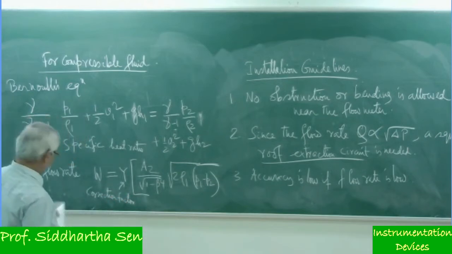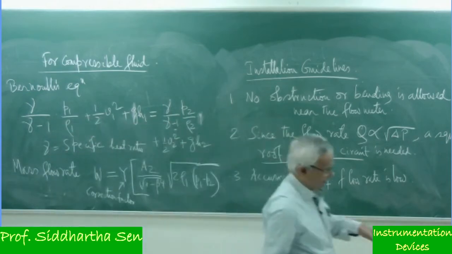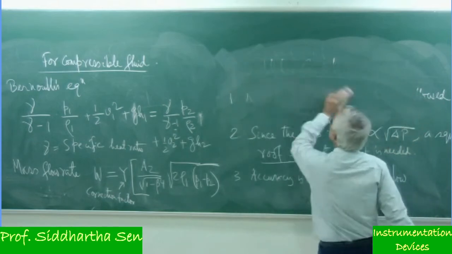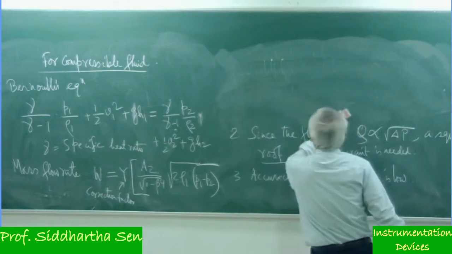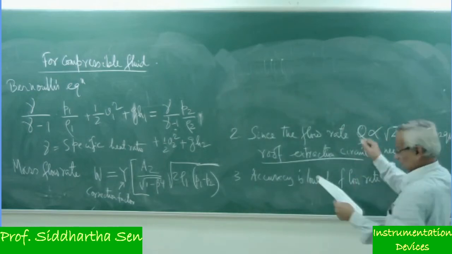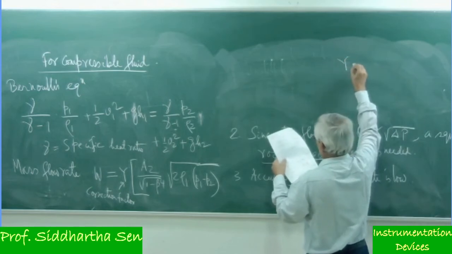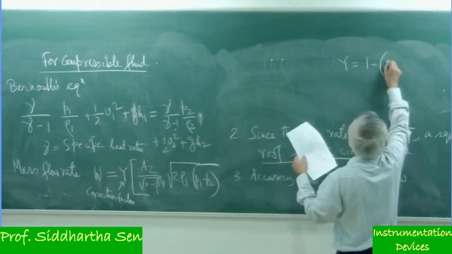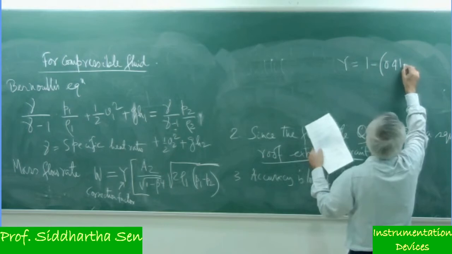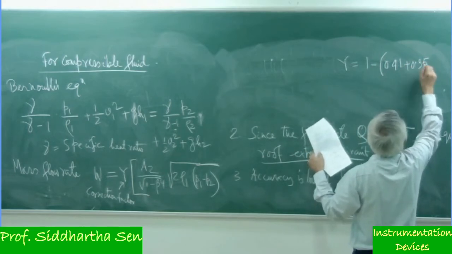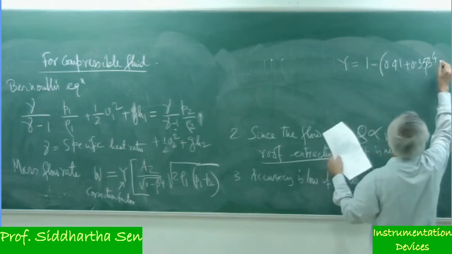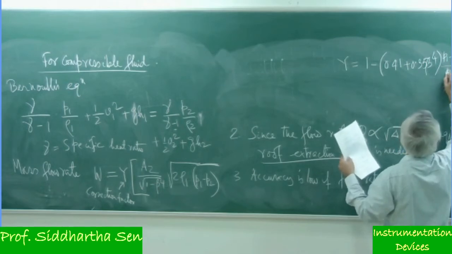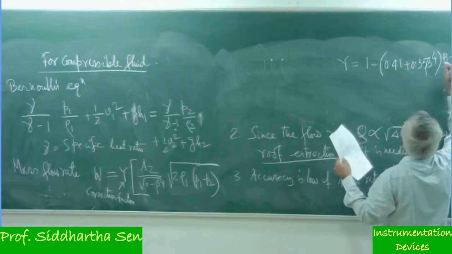And this y value is given as a complicated one, but I am just giving you the value of y as y is equal to 1 minus 0.41 plus 0.35 beta to the power 4, into P1 minus P2 divided by P1 into gamma.